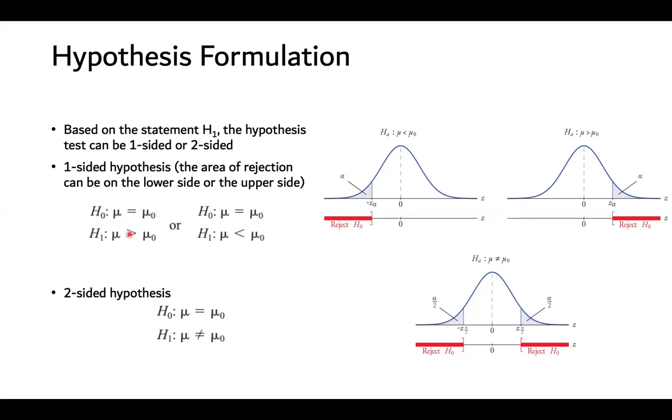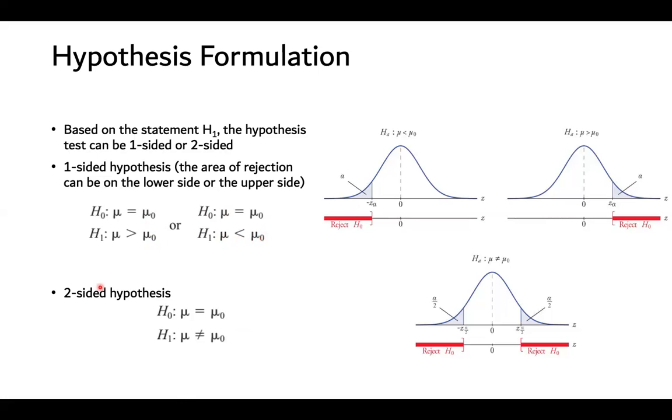Because this is a one-sided hypothesis, the alternative claim can be that the mean of the population is a higher value than the initial claim. Or if it is one-sided on the lower side, the mean of the population should be less than mu null.